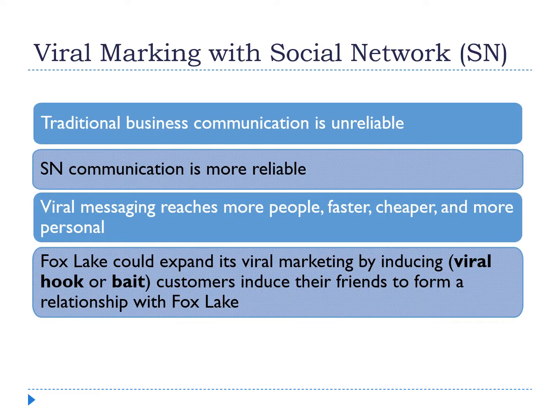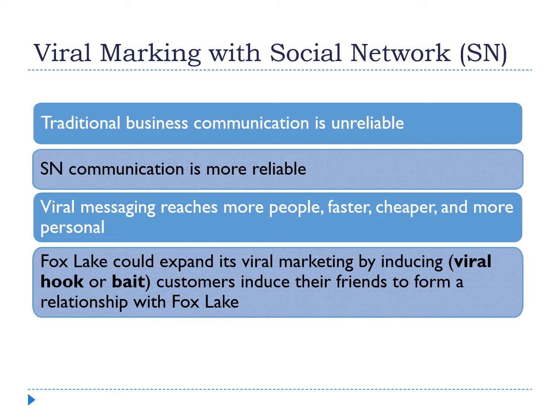Okay, next, let's take a closer look at viral marketing with social networking sites. Sometimes traditional business communication can be unreliable. For example, you may not have a chance to visit your friends and family for a long time, so your friends and family will not be able to access the information you want to let them know.